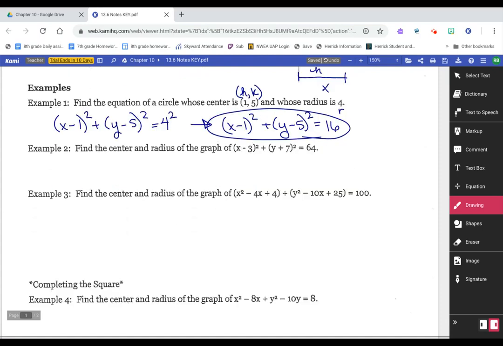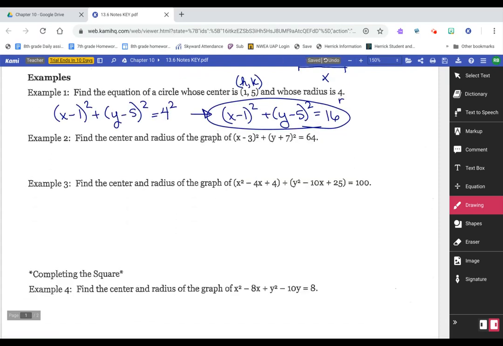All right. This time we want to find the center and the radius of the graph of (x − 3)² + (y + 7)² = 64. So the center is going to be 3 comma, remember the equation is y minus k.